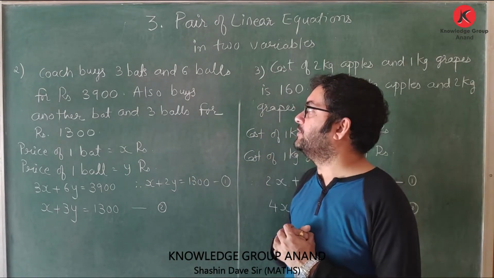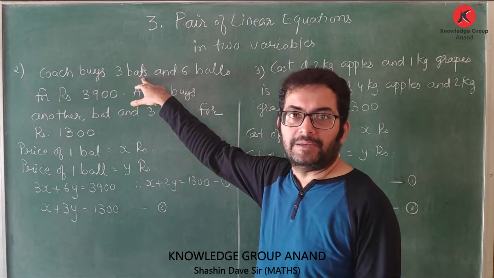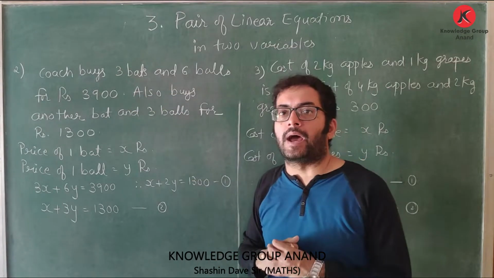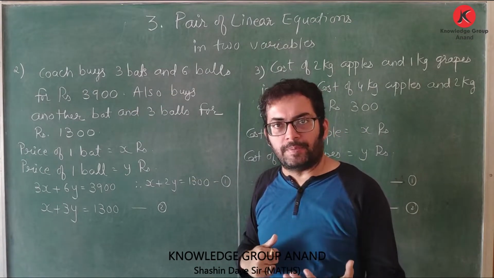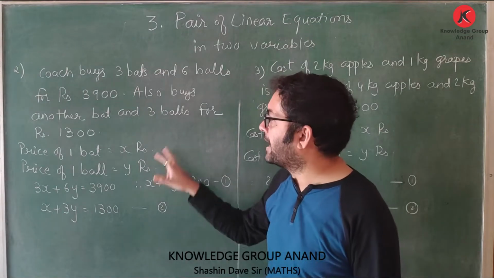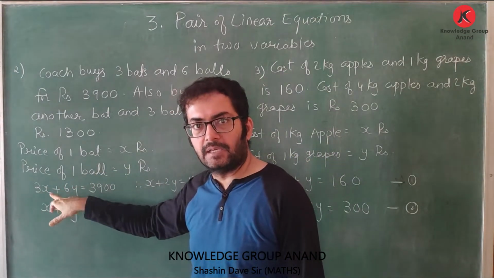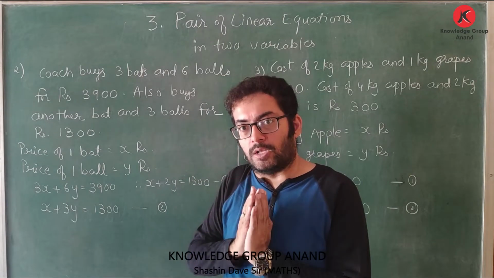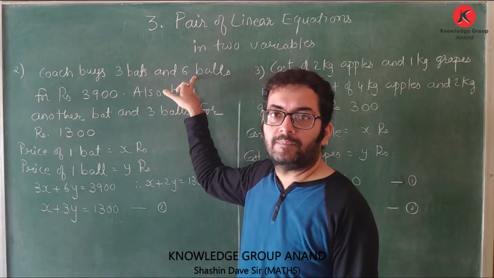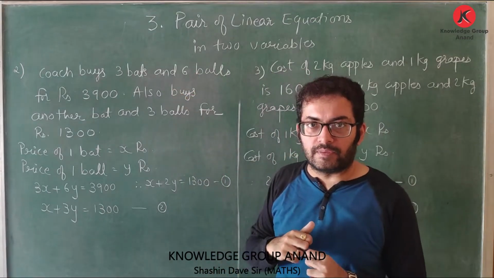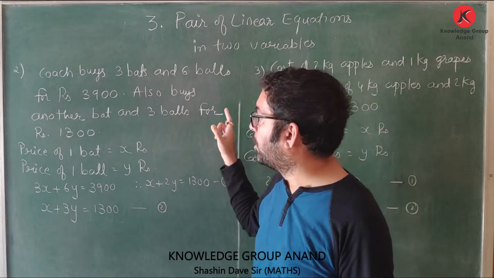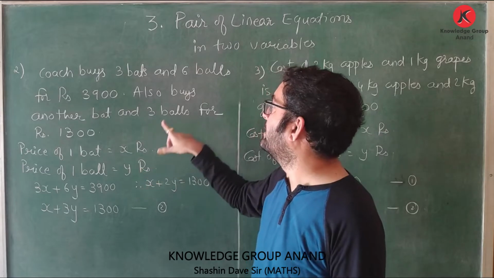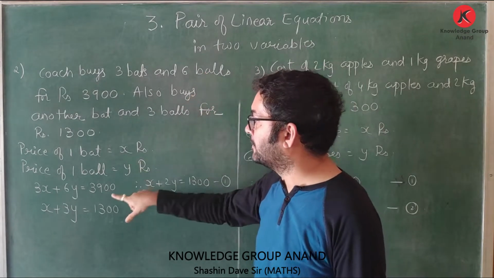Now look at the first condition. How many bats do we have? 3 bats. So if the price of 1 bat is x rupees, that means the price of 3 bats will be 3x. Now along with that, the coach also buys certain amounts of balls. How many balls are there? 6 balls. So if the price of one ball is y rupees, the price of 6 balls will be 6y.